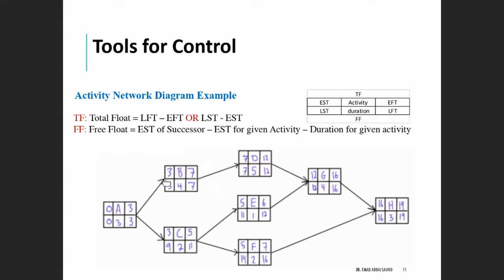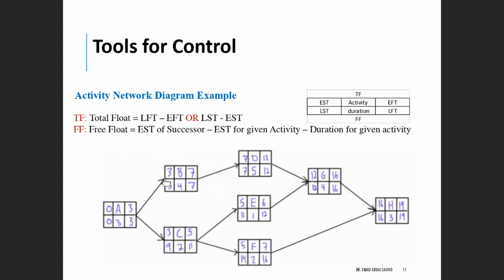Whereas the free float, which we will calculate later, will give you another indication of the values for each activity where you can be delayed, and how that delay will affect the early start time of the coming activity.